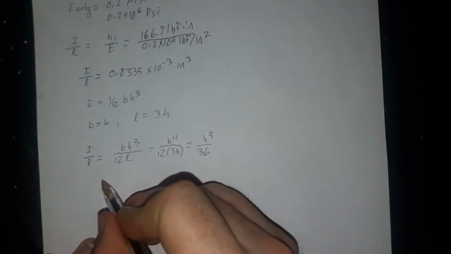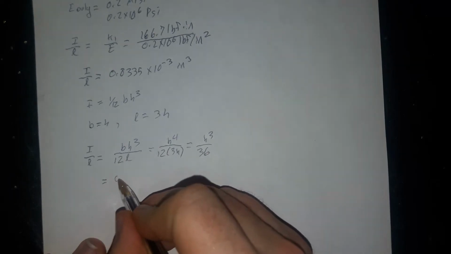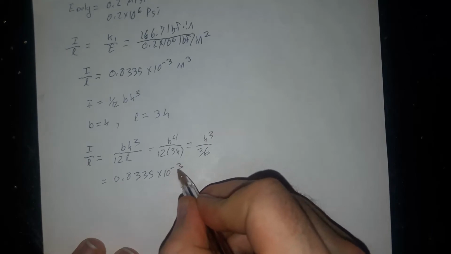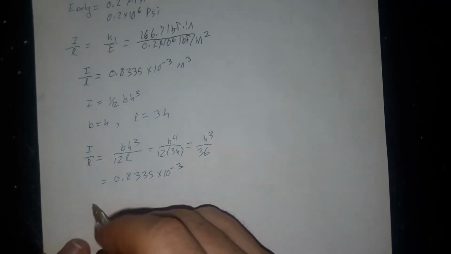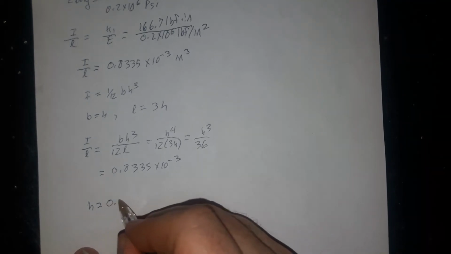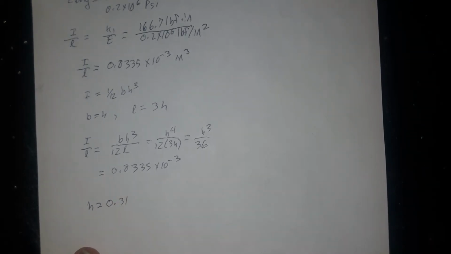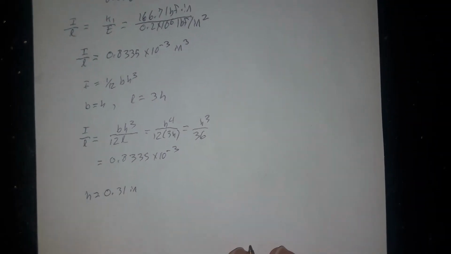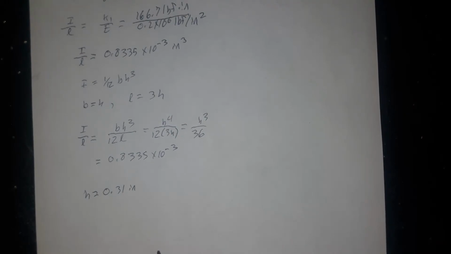I can then set that equal to 0.8335 times 10 to the minus third, and I can solve for h. When I do that, I get h equals 0.31 inches.